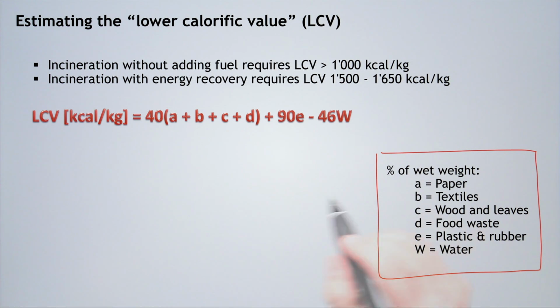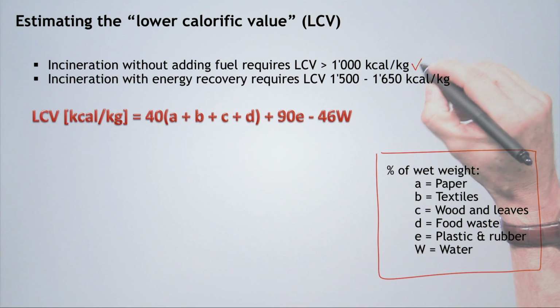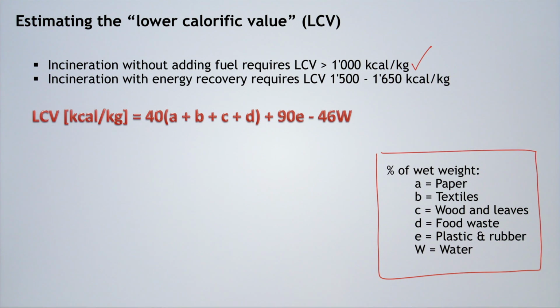So for incineration without adding fuel, we require a lower calorific value of at least 1,000 kilocalories per kilogram. If we want to incinerate and recover energy, then we will require a lower calorific value of at least 1,500 kilocalories per kilogram. In this formula, you see how the different composition of wastes equate.